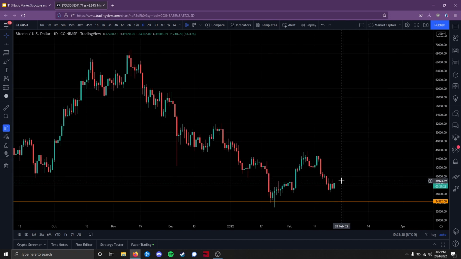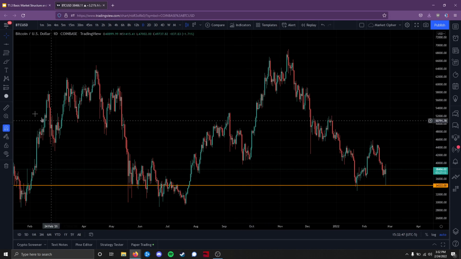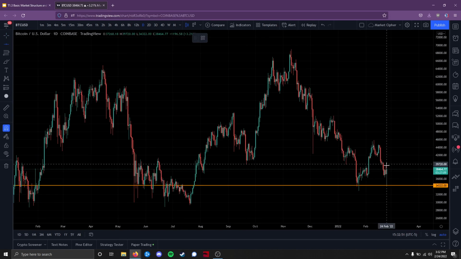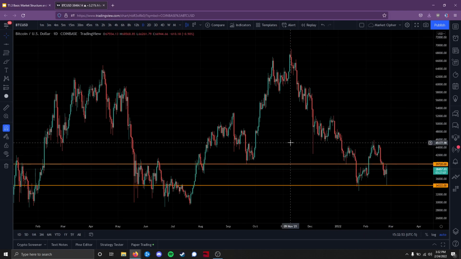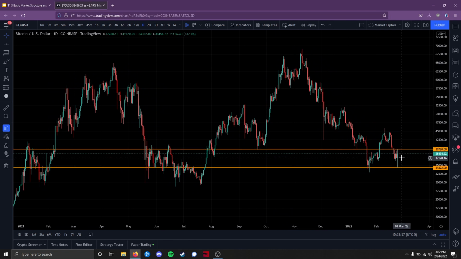So if our high is 39,720, if we want to, we could place another line, right? Let's say we place the line at the top. Well, now we're starting to get a clearer image of what's going on.